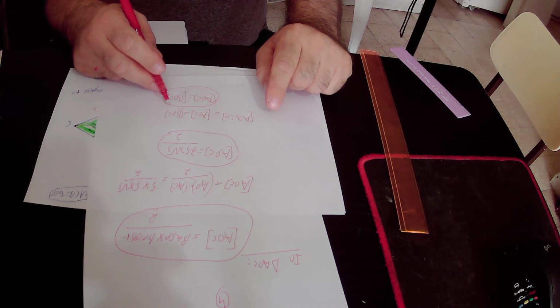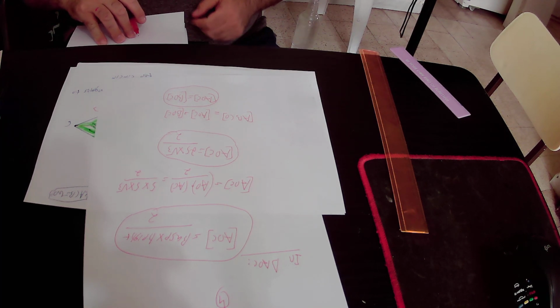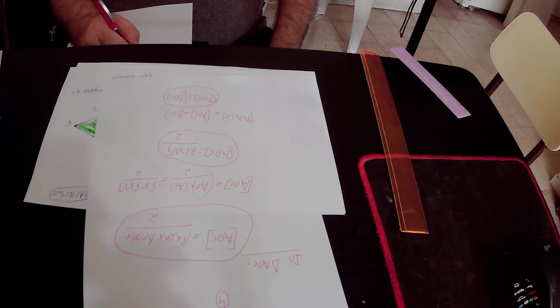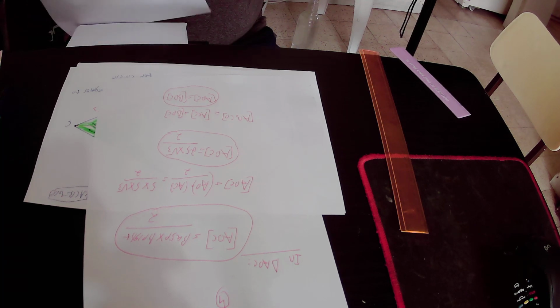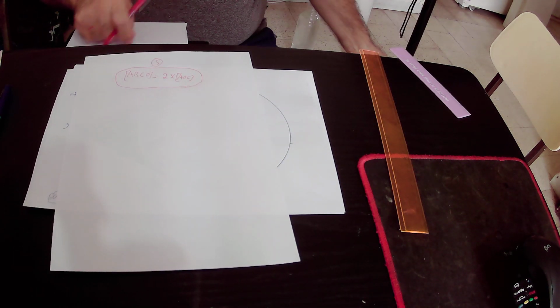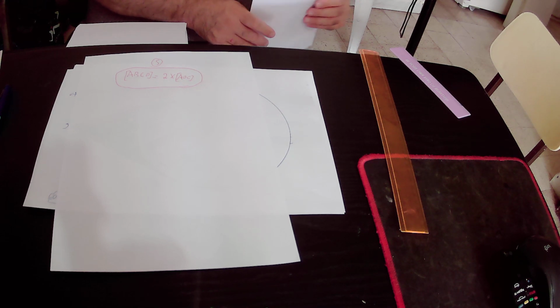So the area of quadrilateral ABCO will be equal to 2 times the area of triangle AOC.